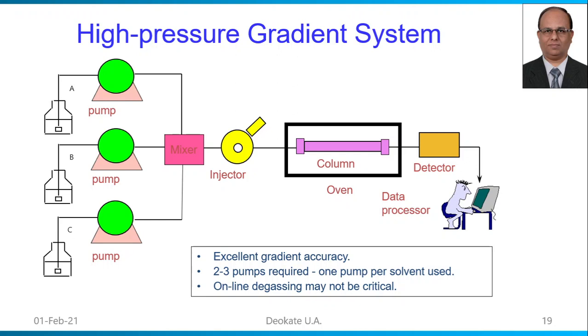If you are using two pumps, it is a binary high pressure gradient system. If you are using three pumps, it is a tertiary high pressure gradient system. It has excellent gradient accuracy, with one pump per solvent. It has an online degassing system, so the degassing problem is somewhat reduced in high pressure systems.